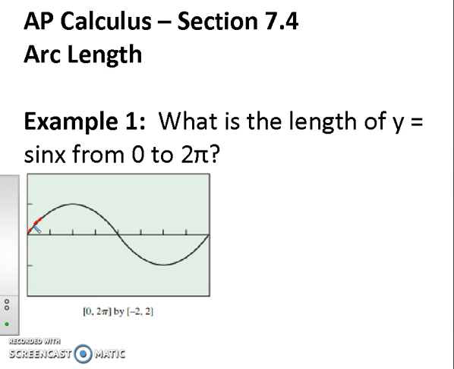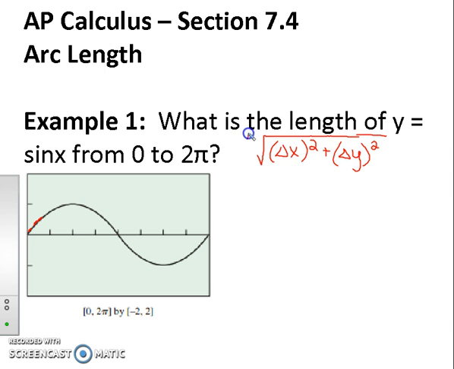Well, to find the length of any one of those tiny little segments, it would be the distance formula. So it would be the square root of the change in x squared plus the change in y squared. But that would give us the length of any one segment.